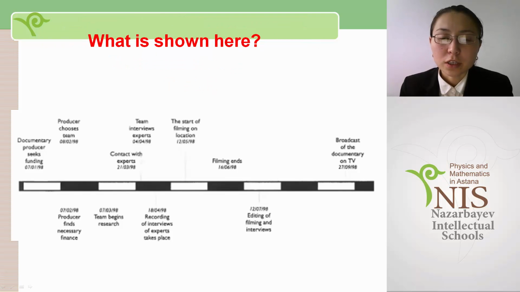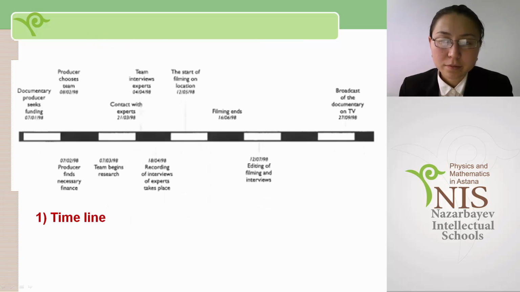What is shown here? Do you remember that this is a specific chart, specific diagram? Yes. The first is the timeline. You can see the line with timing. The second, dates, exact dates.